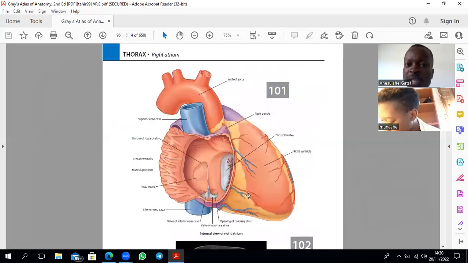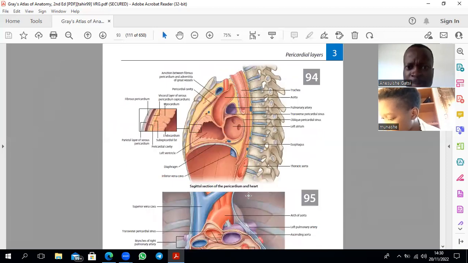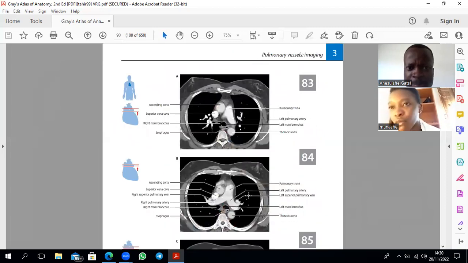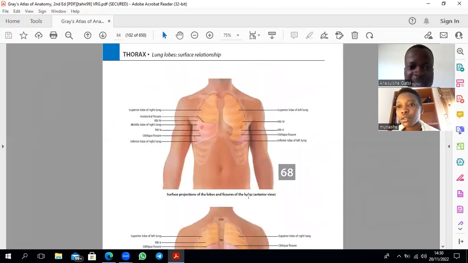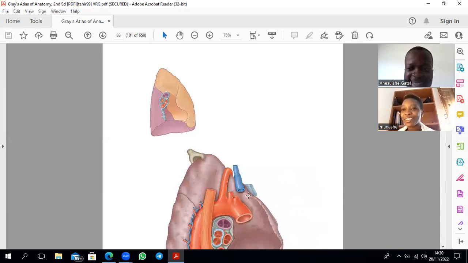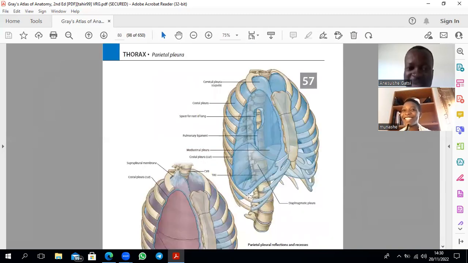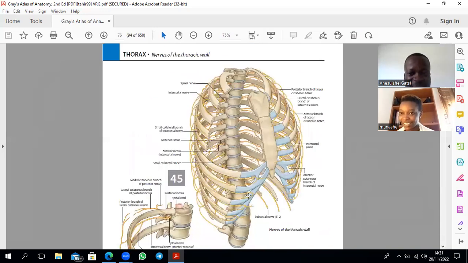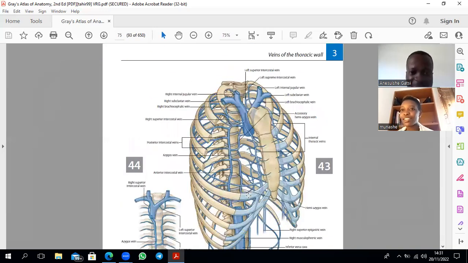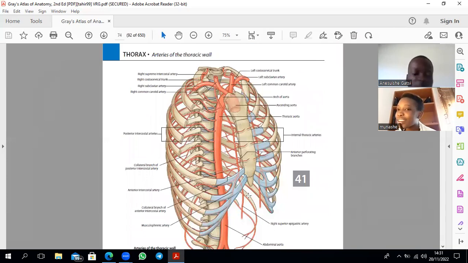Why didn't I use the word base? Because that's not the base of the heart. So which one is the base? The base is on the top. What makes the base of the heart? Isn't it the auricles and the vessels? Auricles, no. The auricles, you see them from the front.